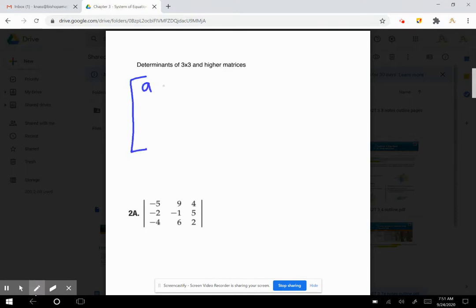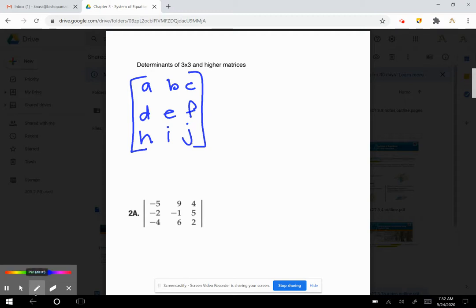We have A, B, C. Okay, there is our 3 by 3 matrix. Now, in order to do it for a 3 by 3, you want to rewrite the first two columns right here. A, D, H, B, E, I.